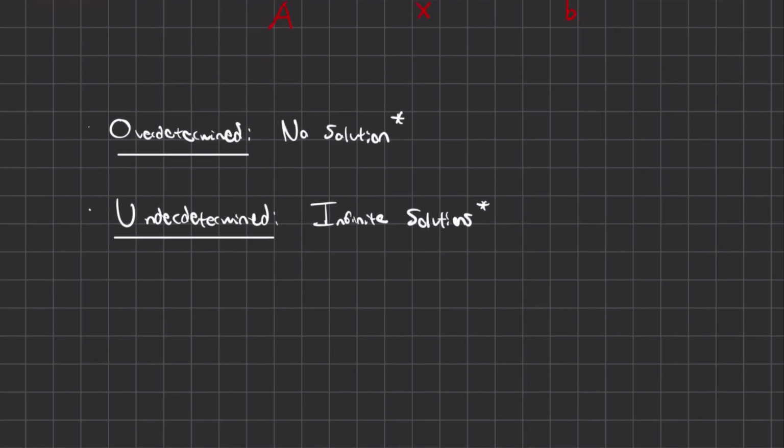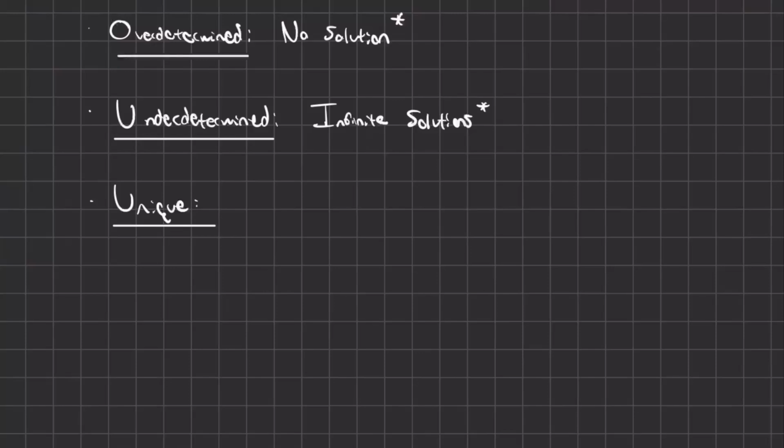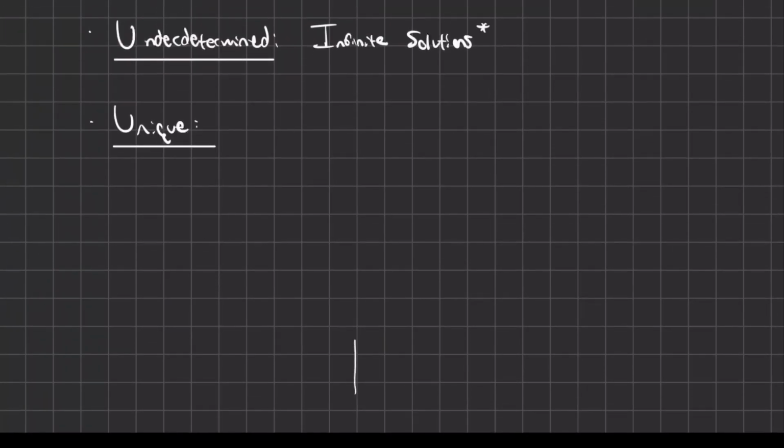And then the last case is just when we have a unique solution. And this just arises naturally, generally with square matrices. And the way we can think of solutions for these systems of equations, since we're dealing with linear equations, if we were to graph these, we just get straight lines the whole time.